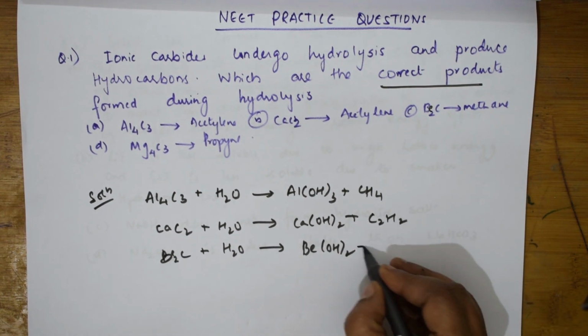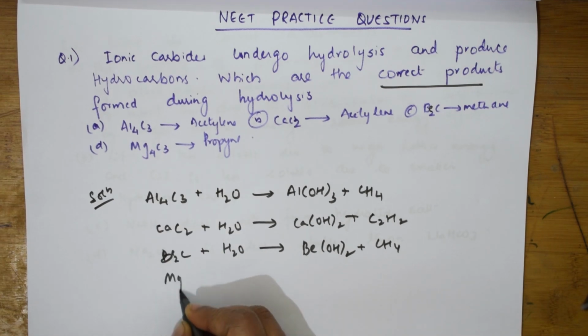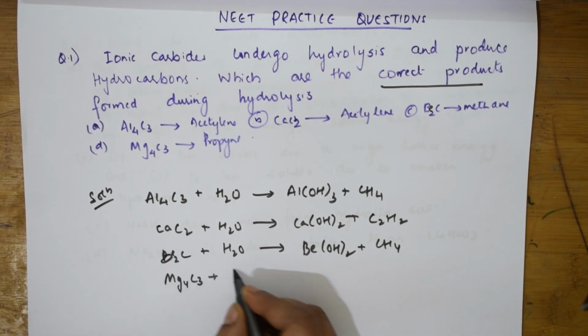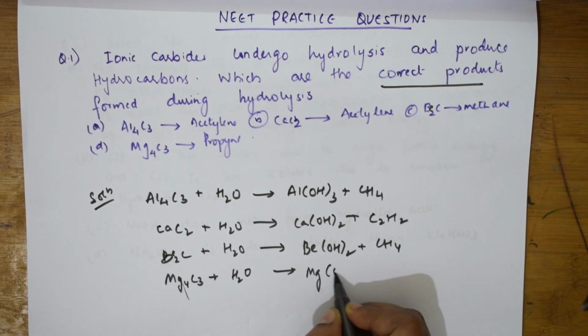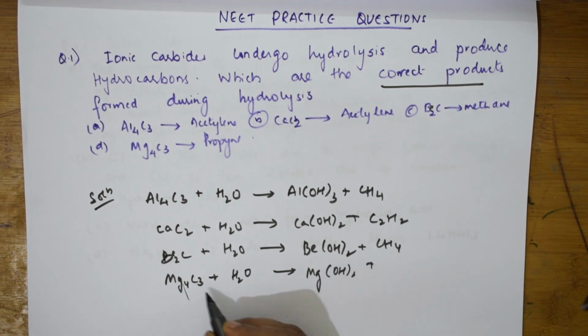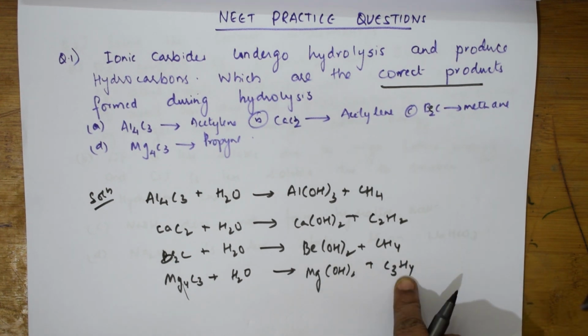If you balance it, CH4, methane, is right. The last one, magnesium carbide, Mg2C3, plus hydrolysis gives me magnesium hydroxide plus C3H4, propyne.